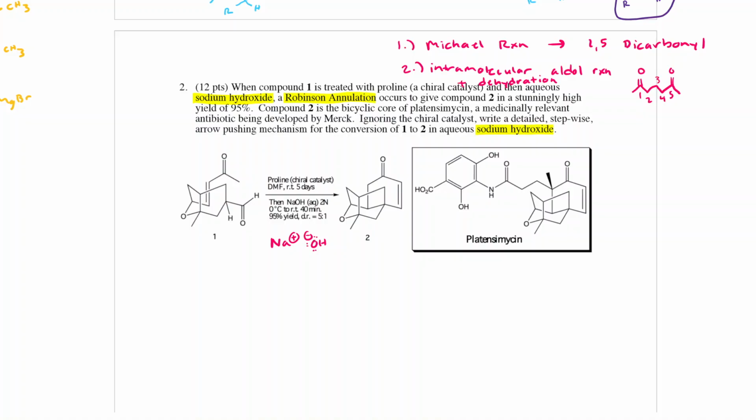And hydroxide is a strong base. So it's going to first deprotonate a hydrogen on the molecule. It's probably going to deprotonate this hydrogen that he has explicitly drawn here, because this is a very acidic hydrogen.